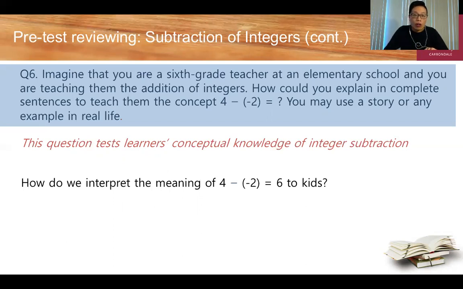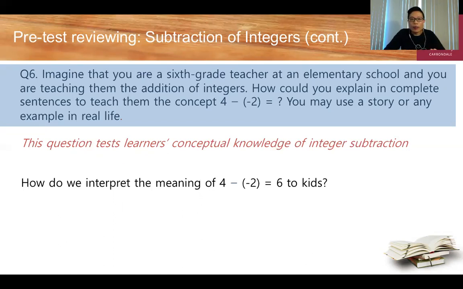I think they are good because you don't have to always use the same story for each conceptual knowledge question. But the three methods I teach here are universal. You can use these three methods in any conceptual knowledge question in the pretest. They can fit into all of the addition and subtraction questions.